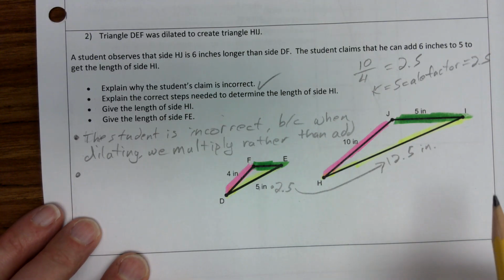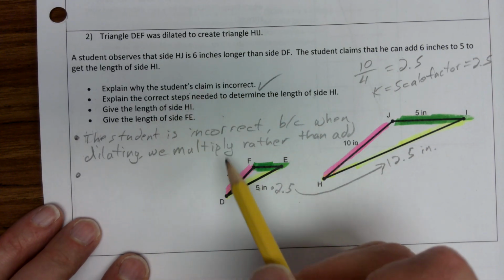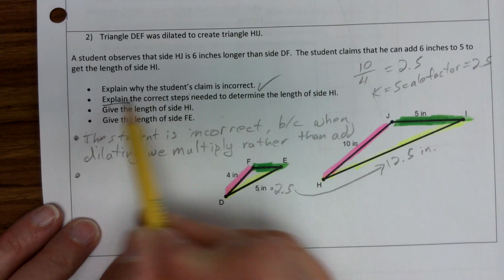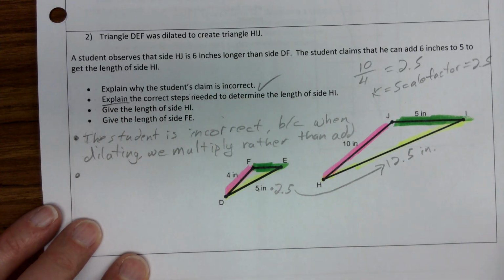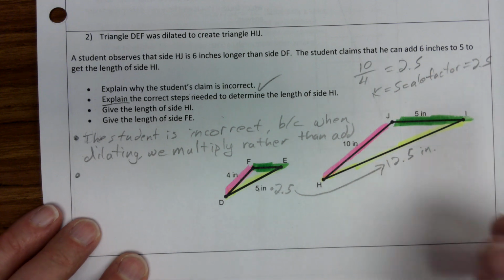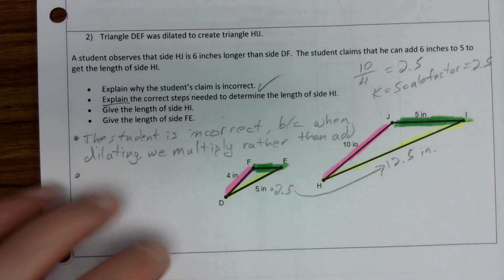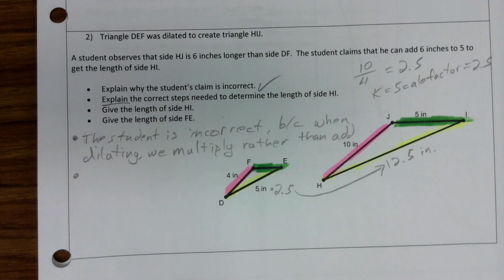And so this actually gives us the answer to the next two. We just got to explain it. Since it says explain, we do have to write it in sentences. We can't just show the work like we did right here. So we find the scale factor. I actually like how I said this in my last class.